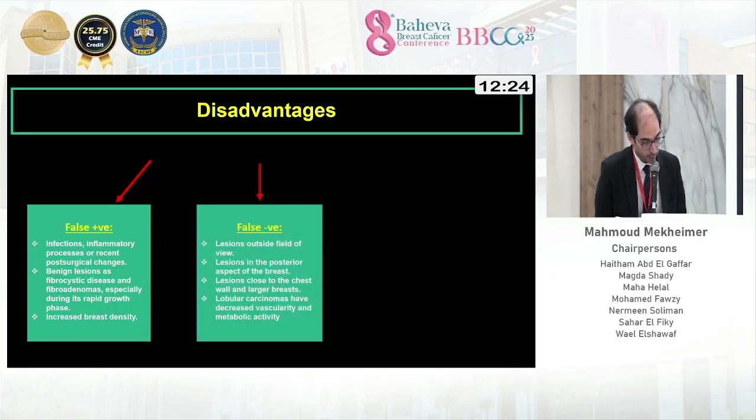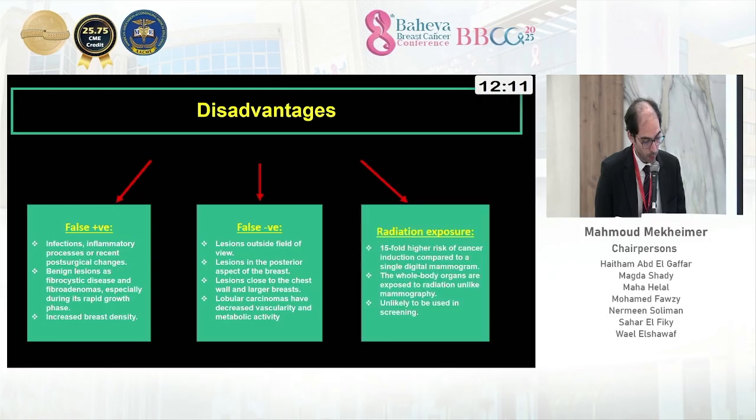False negative results can be due to lesions outside the field of view, lesions in the posterior aspect of the breast or close to the chest wall, and lesions in large breasts. Also, lobular carcinoma has decreased vascularity and decreased metabolic activity.